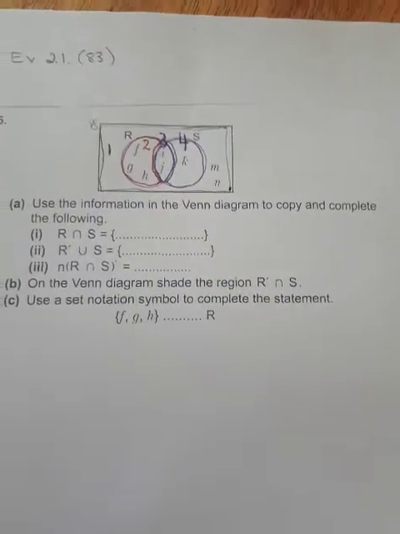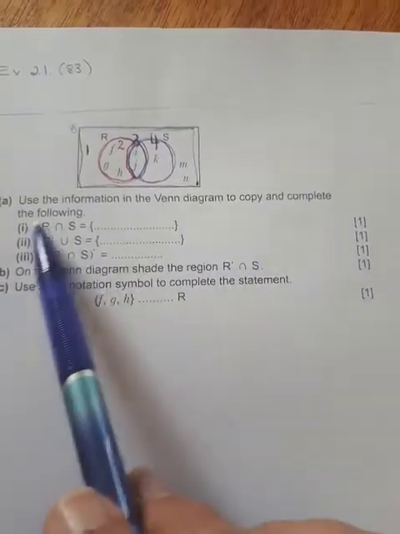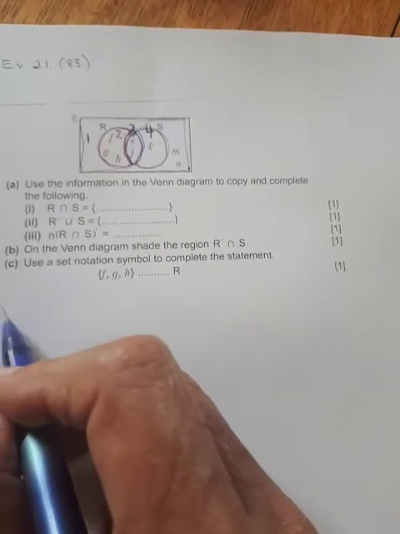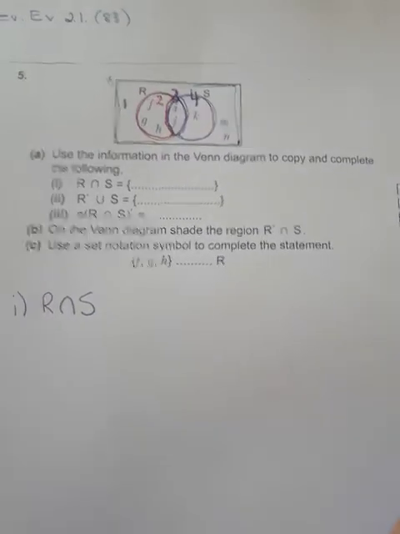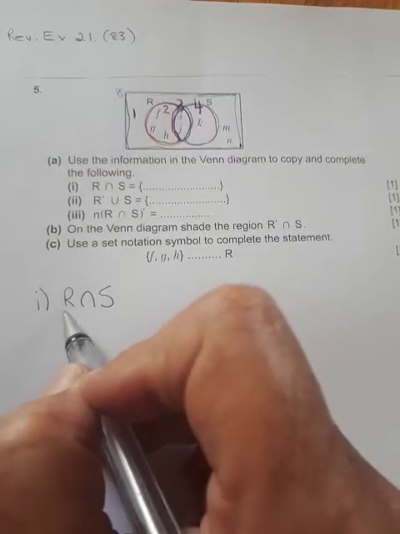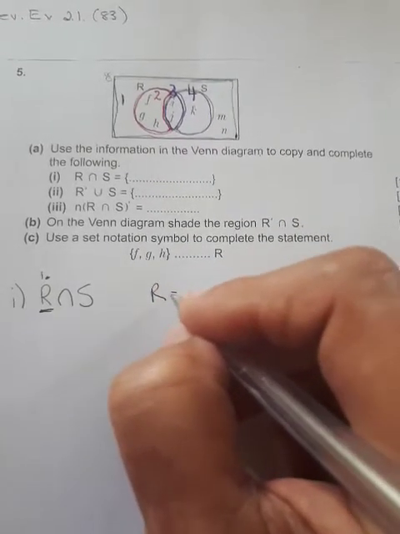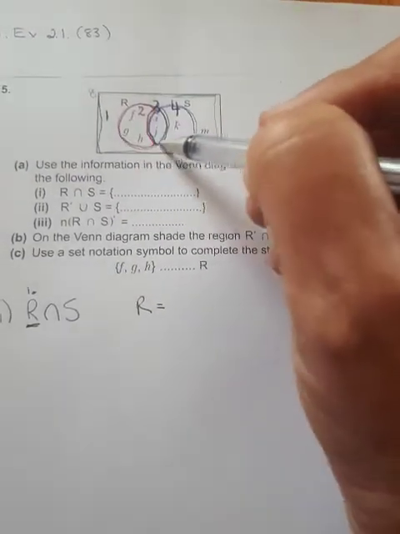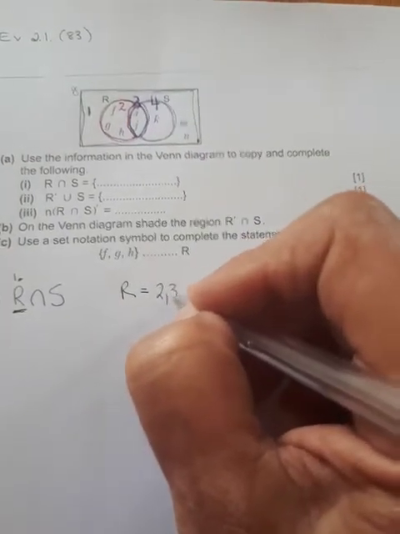Now if we look at the question, they say you must use the information in the Venn diagram to copy and complete the following. The first one is R intersection S. Now I taught you, you start with the first set and you write down the regions of R. R is region 2 and 3, right?